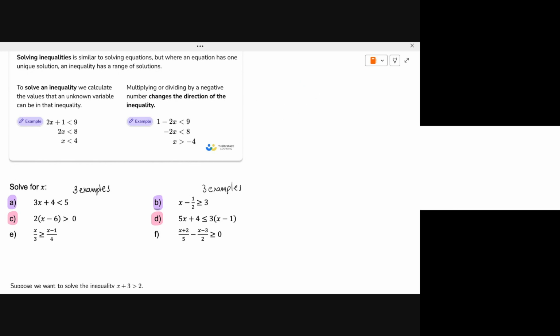Now, if I say to you guys that x is greater than 2, I want you guys to note that because x is greater than 2, 2 is not included. So we're going to draw a line, and we're going to go to the point where 2 is, and we're going to draw an open dot, because we know that 2 is not included. Everything greater than 2 is included.